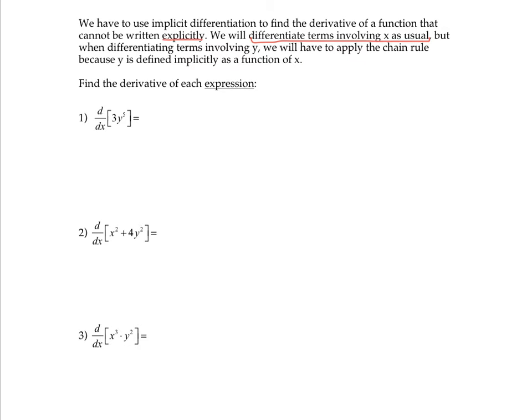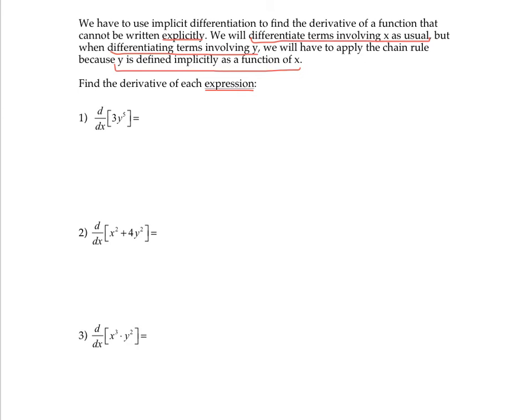But when differentiating terms involving y, we have to apply the chain rule because y is defined implicitly as a function of x. So in our first example, where we're finding the derivative of each expression, we're also going to find derivatives of equations too, and that will be part of tomorrow's lesson.